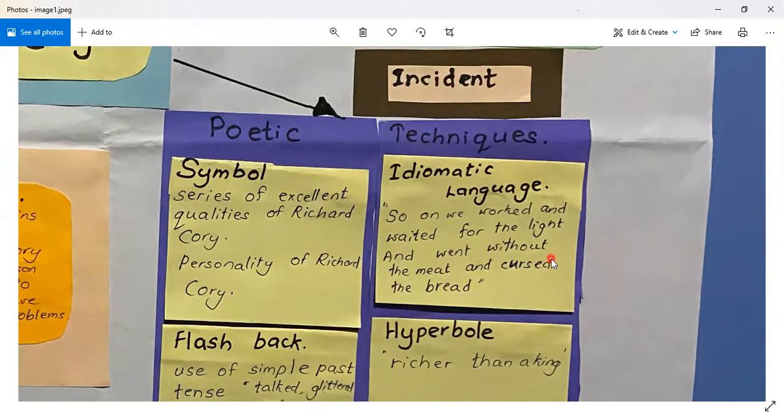And the bread: bread is the only food, though they like it or dislike it, they had to use it. So the poet uses the definite article the in that line just to show the lack of proper meals and dreaming to have it one day. So that is the idea given here.